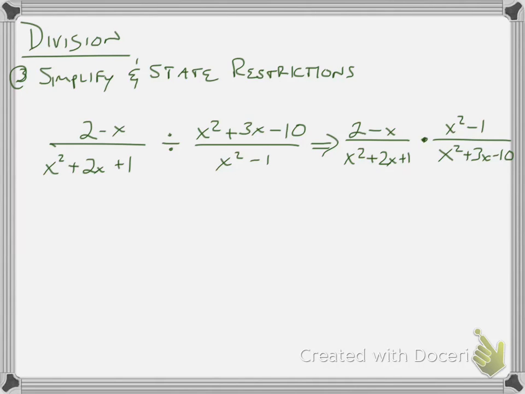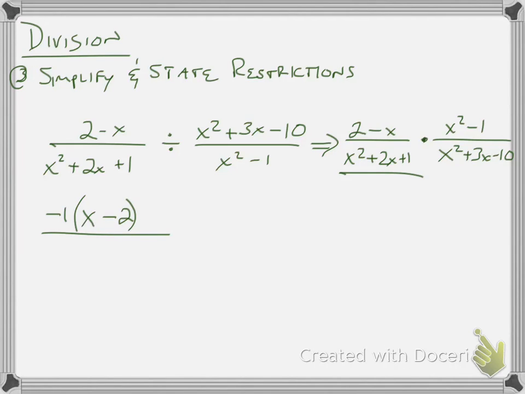When it's a minus, you have to factor out a negative 1. And then that's going to be negative 2 plus x. Well, negative 2 plus x can be rearranged to positive x minus 2. And now I have it in a form that I can cancel if I get another one of those.